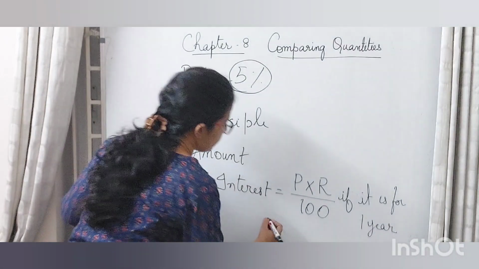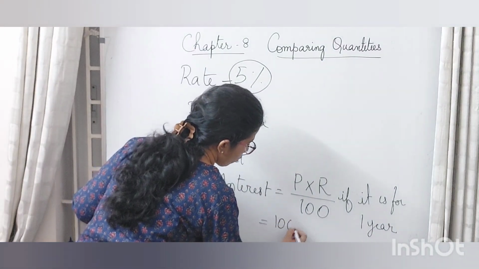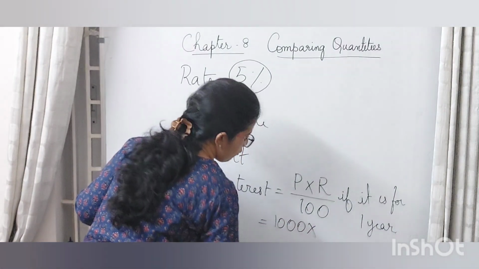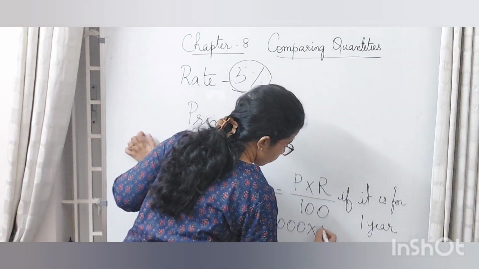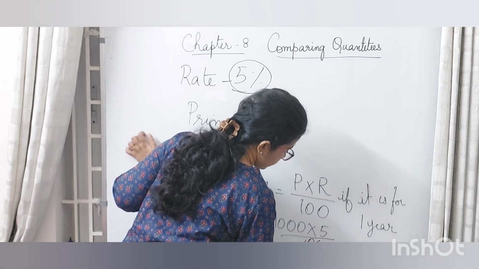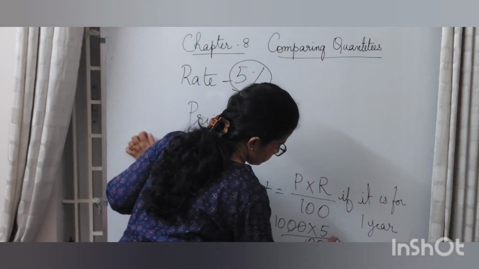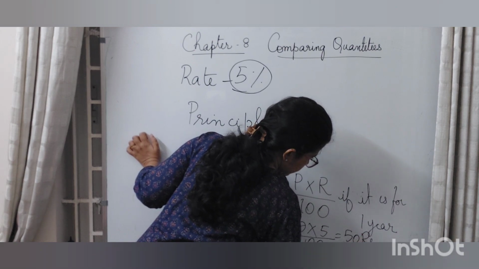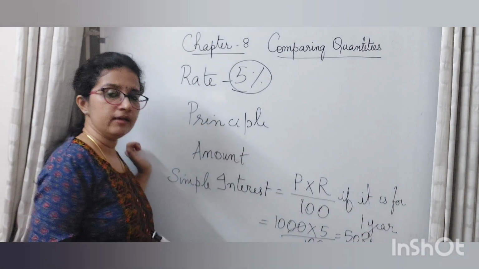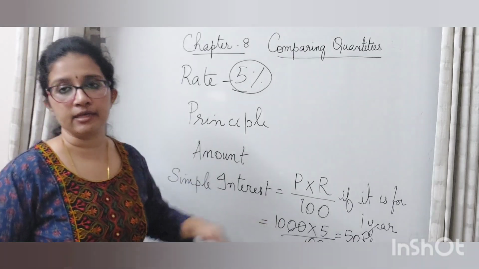For example, if P is 1000, into 5, which is the rate of interest we have discussed, so 1000 into 5 by 100 is 50. So 50 rupees is the interest if you are taking it for 1 year.